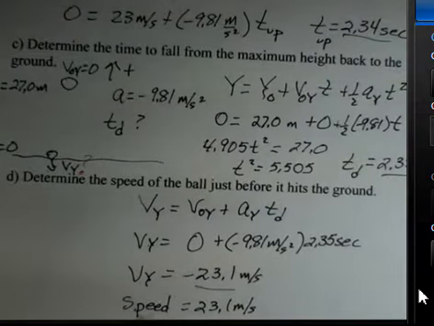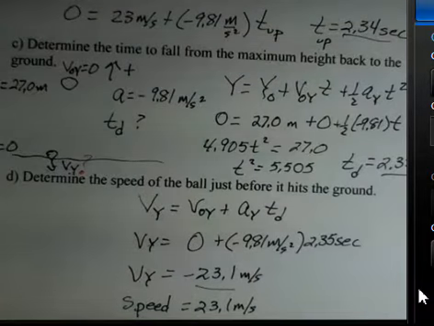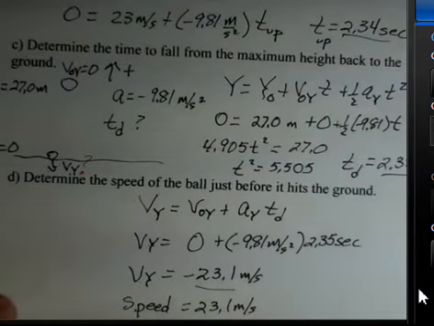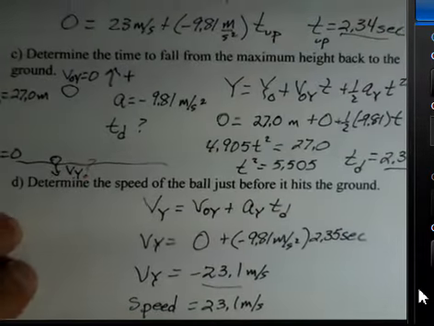The question asks for the speed. That's not velocity. Speed is the magnitude of velocity. So the speed is 23.1 meters per second. And speed does not have a plus or minus sign. Notice that this is somewhat in agreement with our starting condition.